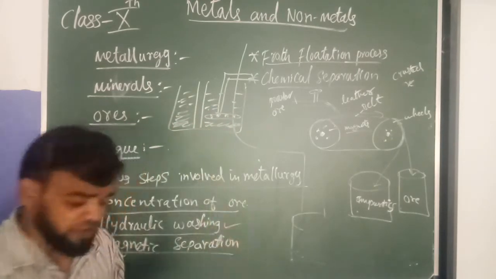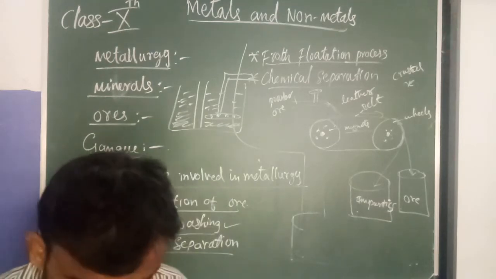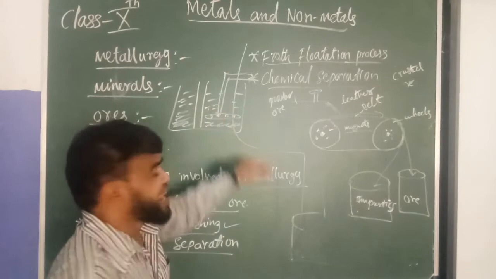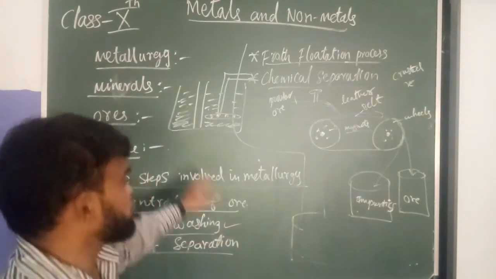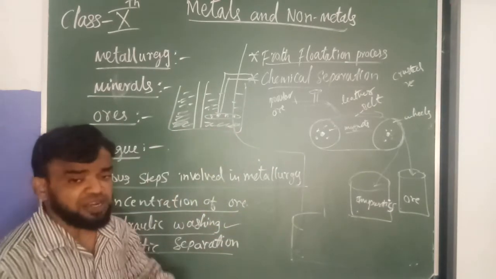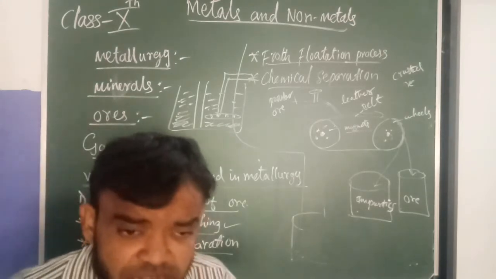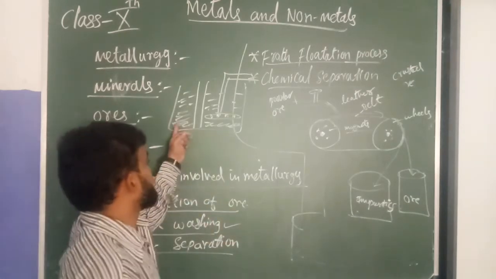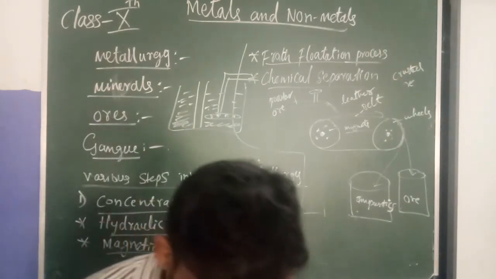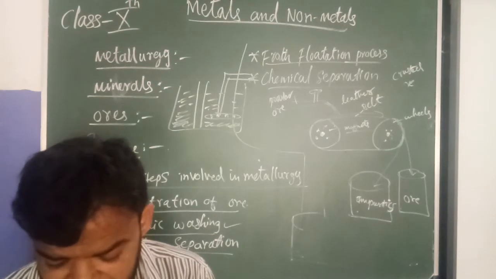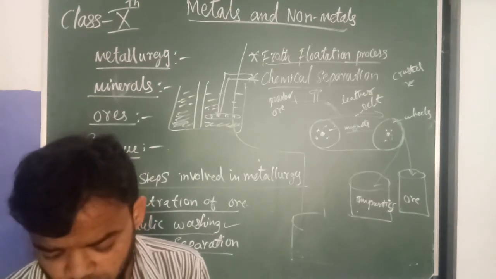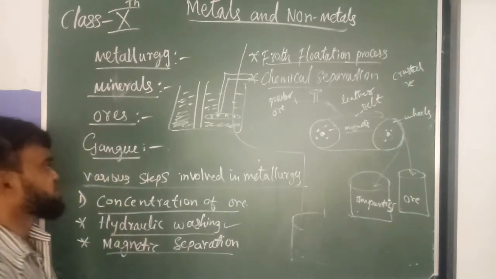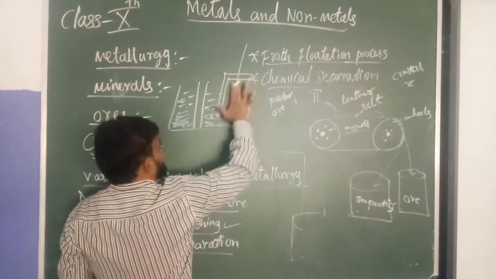What remains down in that part is the separation of gangue. Understood? That is for gangue, that is for free ores. Understood? And the limitation is it is used only for sulfide ores, as they have attraction towards pine oil in froth flotation. Understood? These are made separate into the container.